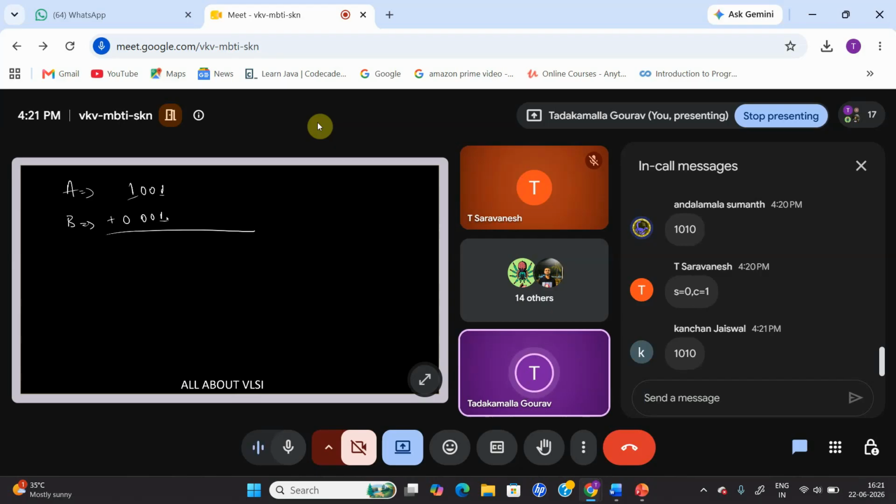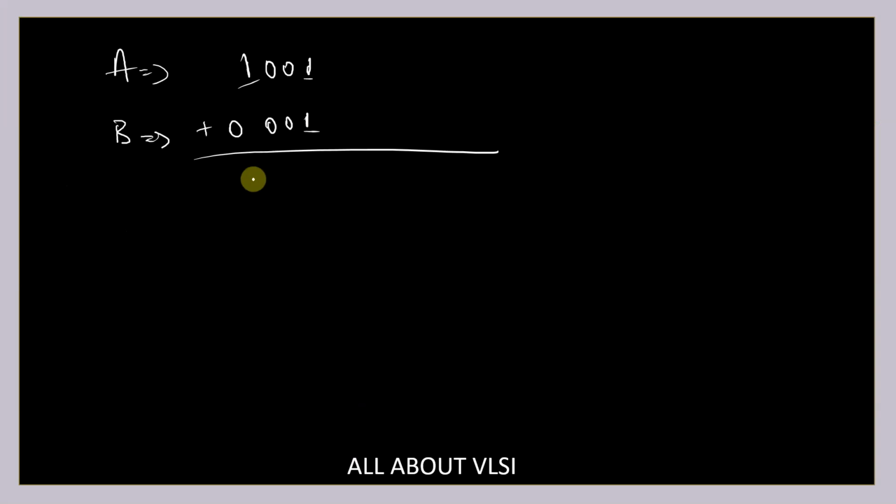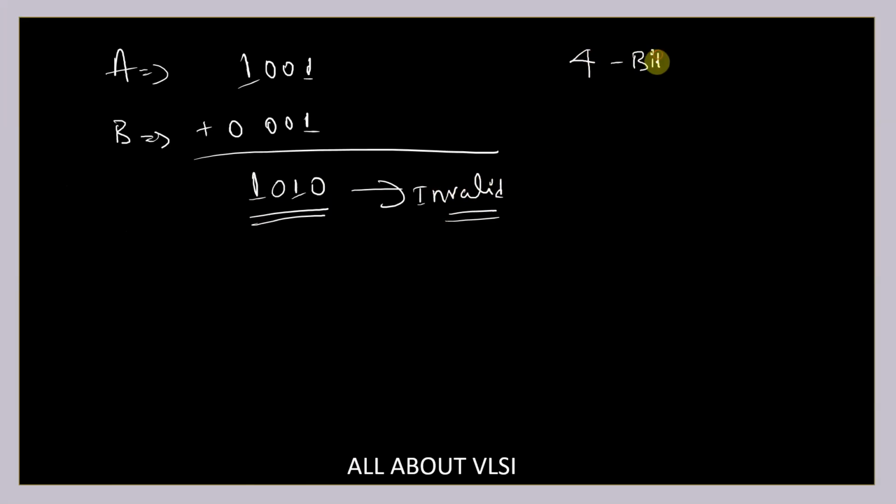Okay. So normally if you add, you are going to get 1010, which is obviously invalid. Just now we have seen that BCD doesn't have this code, which is an invalid code. Now, if you are adding two BCD numbers and you have only 4 bits, then what you are going to do is add 0110, which is nothing but 6, to make it valid, which gives 1101.